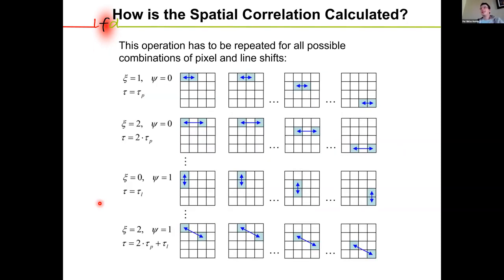So how do we calculate the spatial correlation? Well, what we are considering is the probability for a molecule to move a certain distance. So this distance can be, for example, just 1 pixel distance from left to right, and right to left.